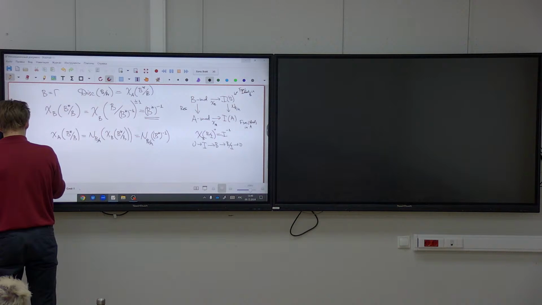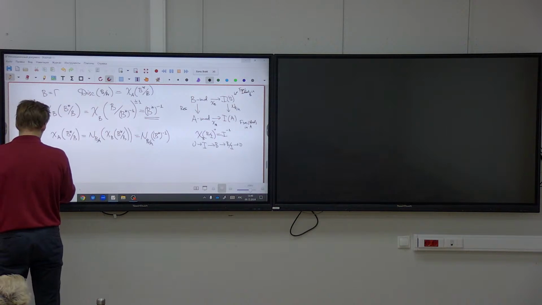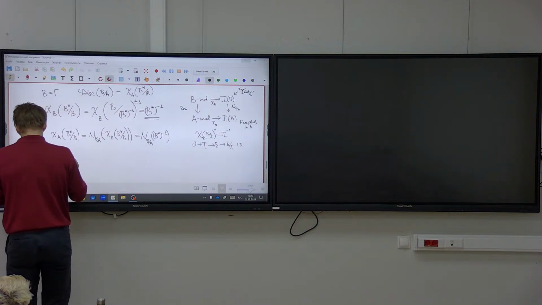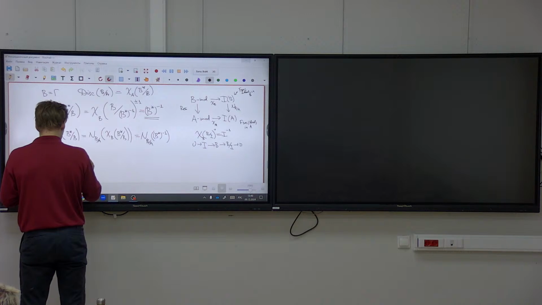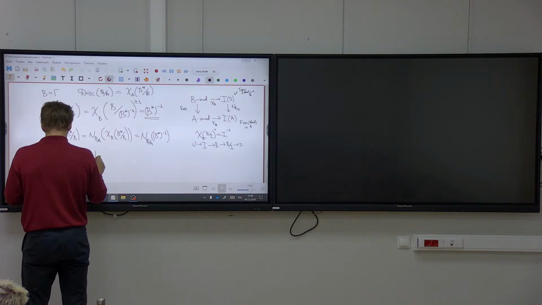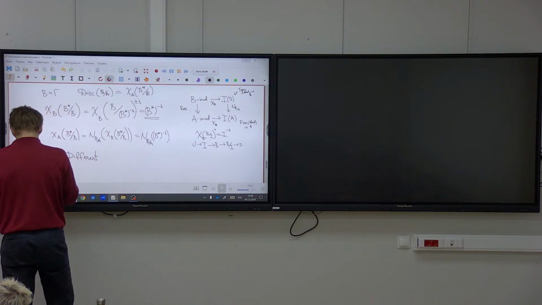Properties of the different. Let me state a few properties of the different, and I will finish for today.